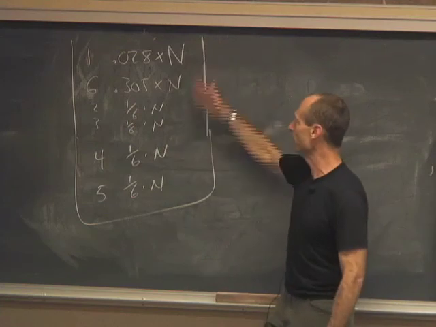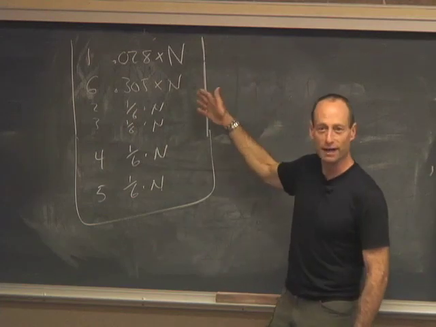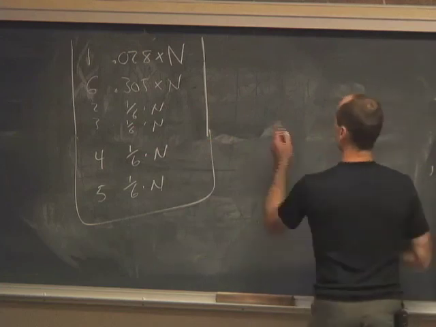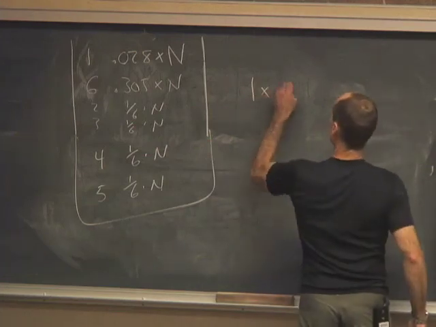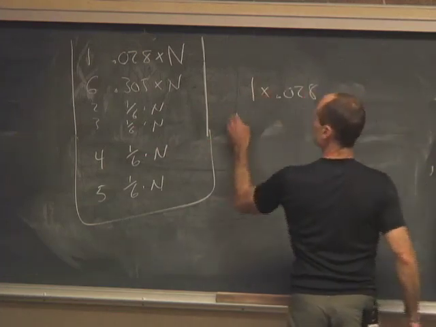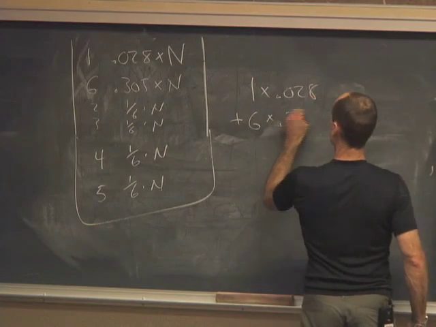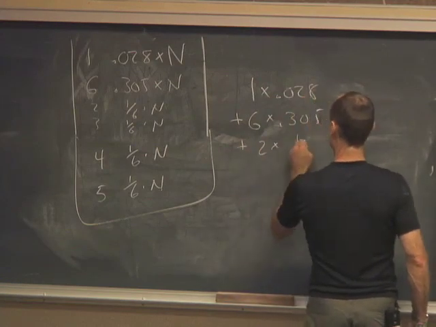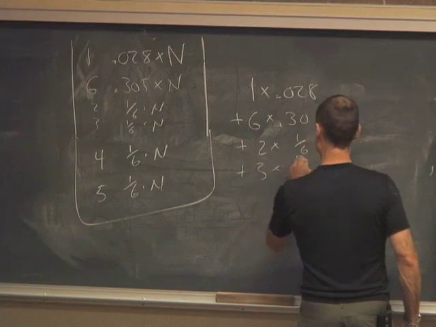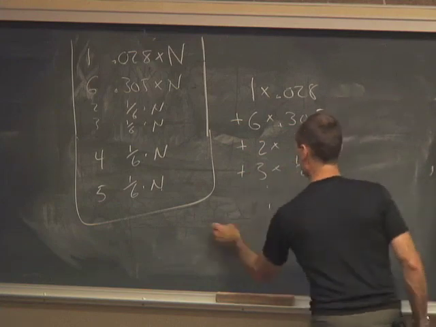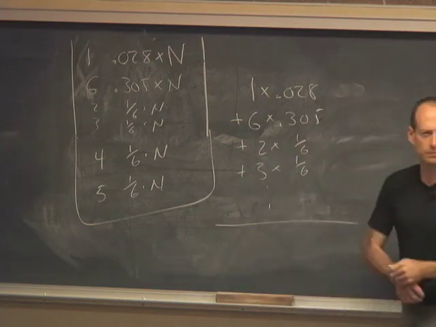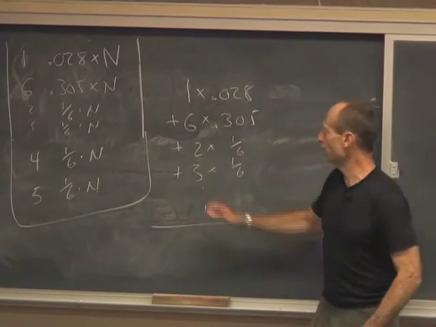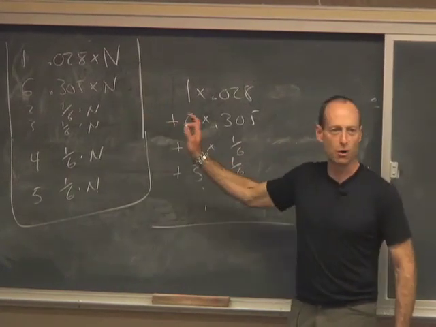But if I wrote them all out and then added them up and divided by n, what would I get? 1 times 0.028 plus 6 times 0.305 plus 2 times a 6th plus 3 times a 6th, etc., right? That would be the average of the labels on the capital N tickets there are in this box, right?